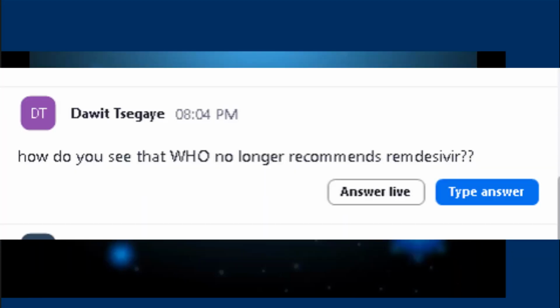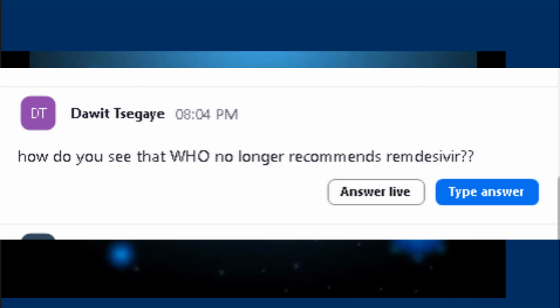It says remdesivir. Yeah, so I tried to see some expert opinion concerning remdesivir, and remdesivir is not one of the first line medications, especially the first line medications which we are using in COVID-19, which are dexamethasone and tocilizumab.